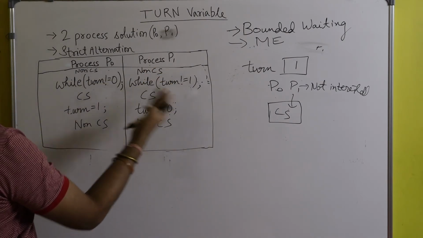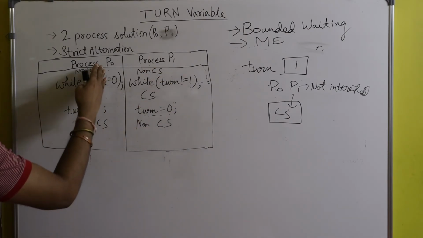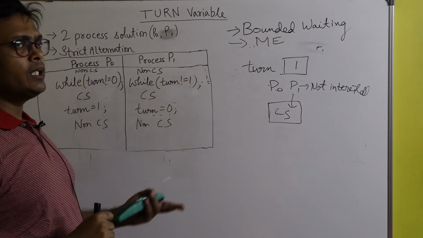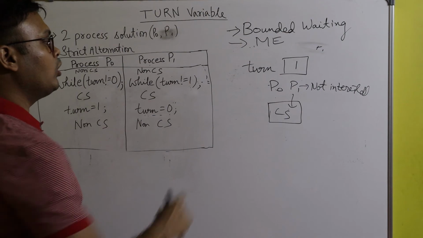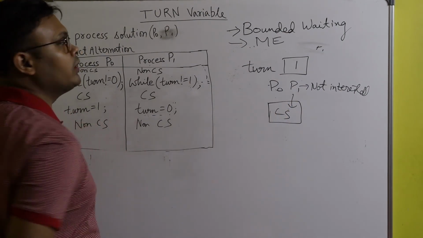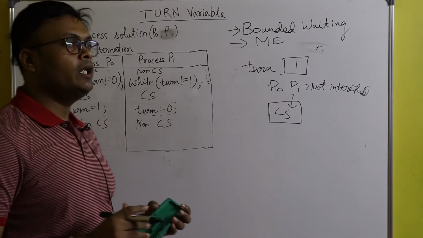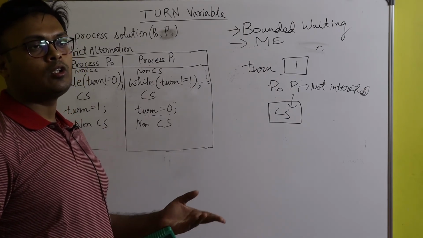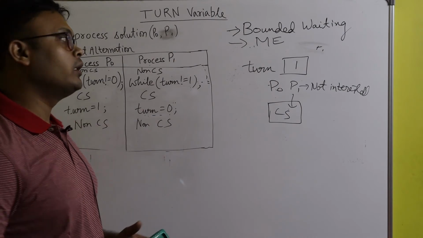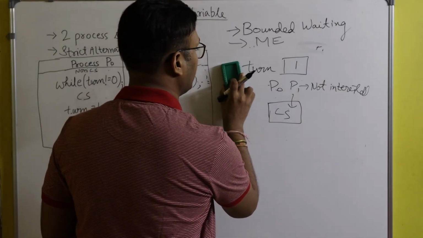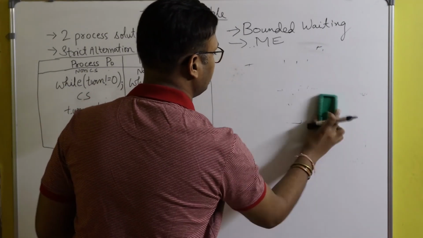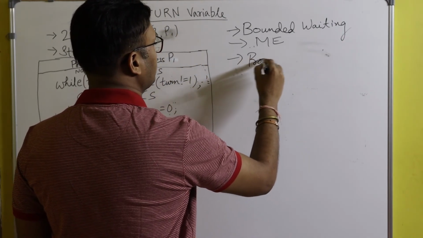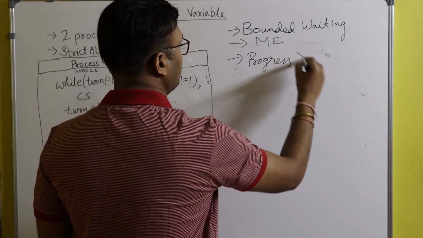Since P1 has not entered the critical section, although P0 is interested to enter, P0 can't, because P0 depends on P1. So definitely progress is not there. When one process is not interested, it is also not letting the other process enter. So here you see, progress is not there.